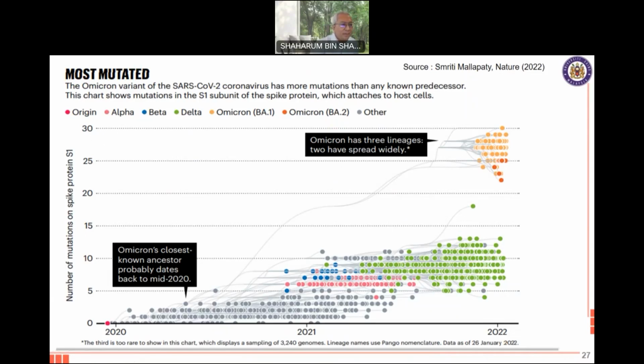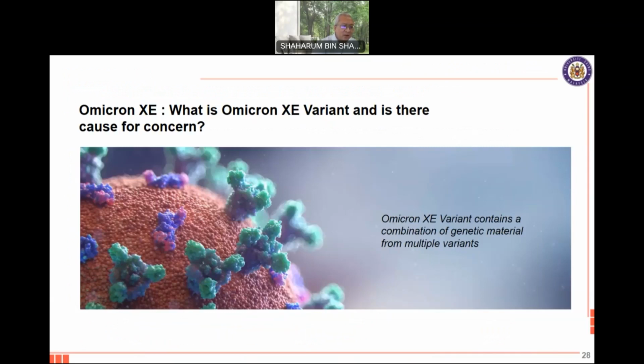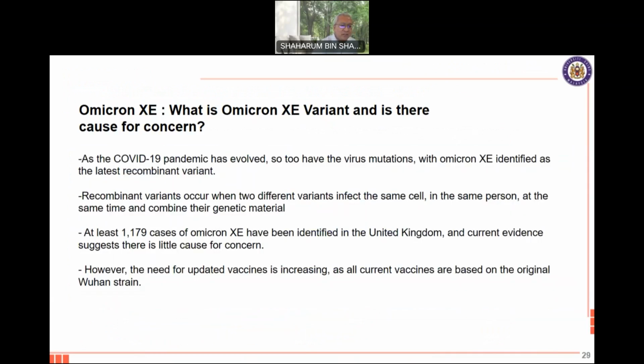So this is basically just to show how the variants of the SARS-CoV-2 coronavirus evolve based on mutations. Now let's look into the Omicron XC, which is the recombinant. This is the recombination of different lineages of Omicron that produce new recombinants.